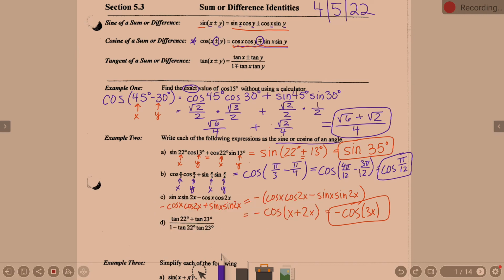Okay, one more in this section. Is it obvious? I would hope so at this point, right? This one fits into the tangent mold, doesn't it? So we're going to have to say tangent. What are my x and y values?